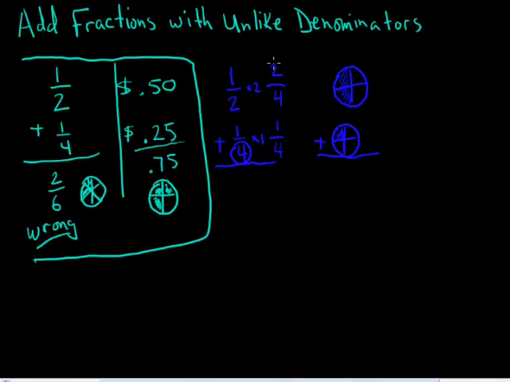Now, here we're adding our numerators. We have 2/4 plus 1 more fourth makes 3/4. And here we have 2 out of 4 plus 1 out of 4 makes 3/4. Whether we did it this way or drew a picture, we get the same answer.